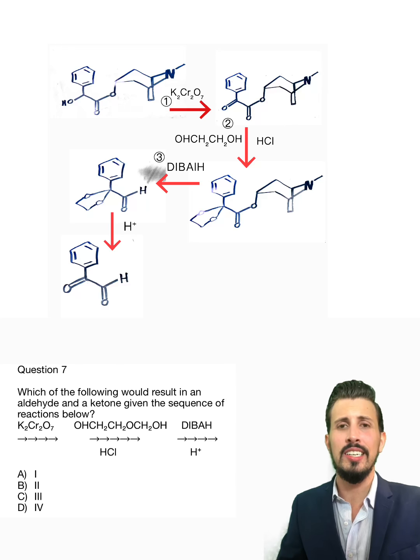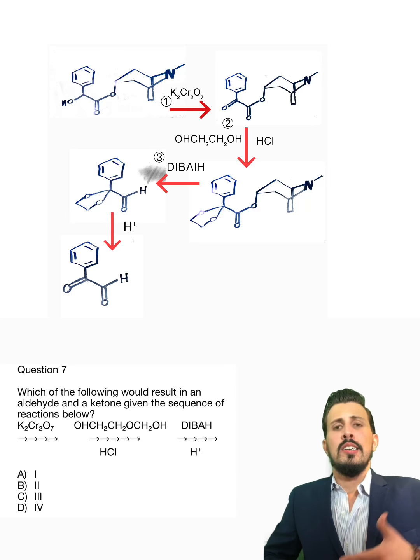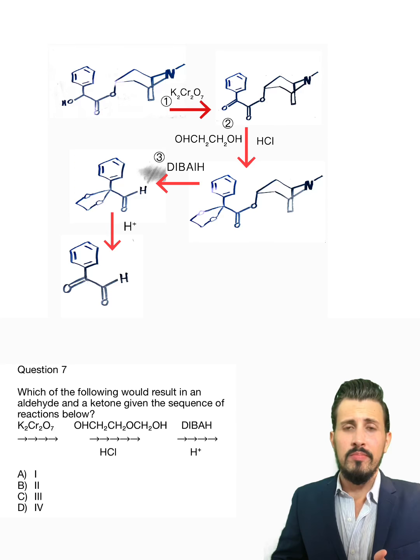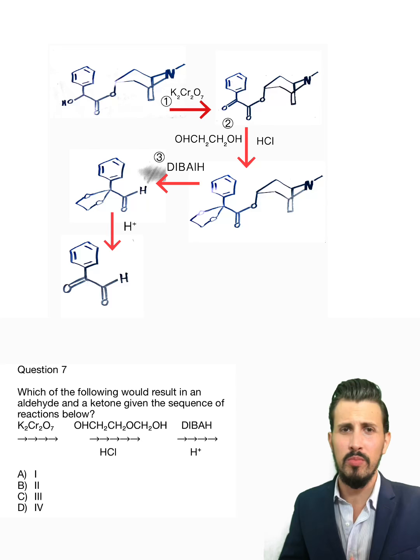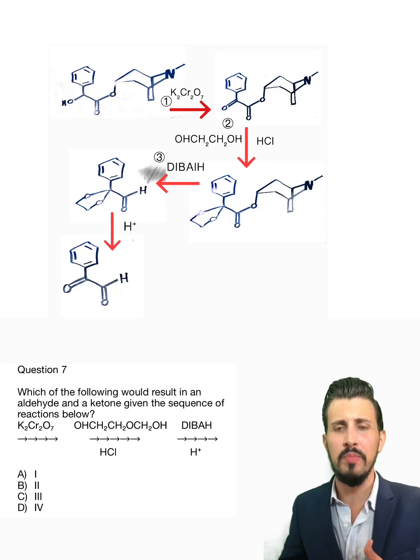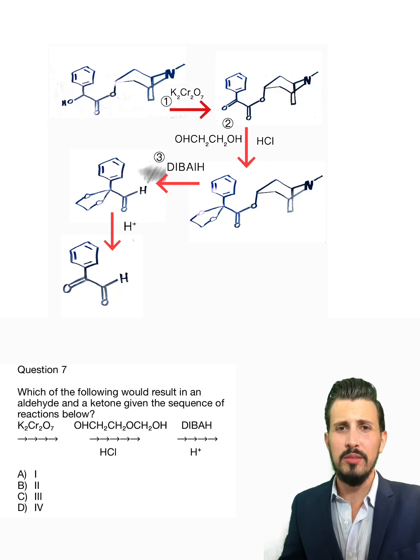So whether it's a carboxylic acid, a malonic ester, or an anhydride, or in this case an ester, the result is going to be the same. You're going to establish a sigma bond to a hydrogen in place of the sigma bond to the oxygen group. Whether it's a carboxylic acid or an ester, the result is going to be the conversion of the ester to the aldehyde.